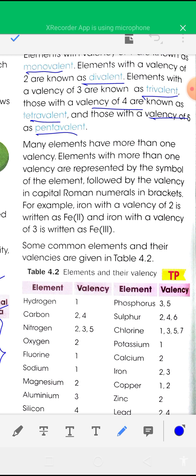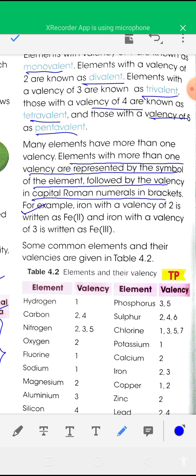Elements with more than one valency are represented by the symbol of that element followed by the valency in a capital Roman numeral in brackets.